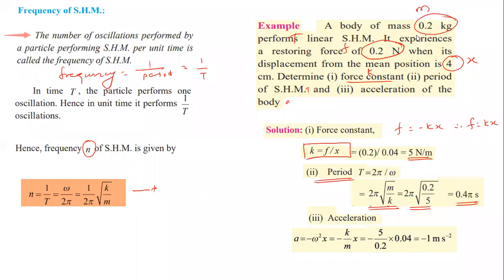Now we substitute the values and do the calculation. Then we get the answer minus 1 meter per second square. This is the value of acceleration. Now I hope you understood this problem.